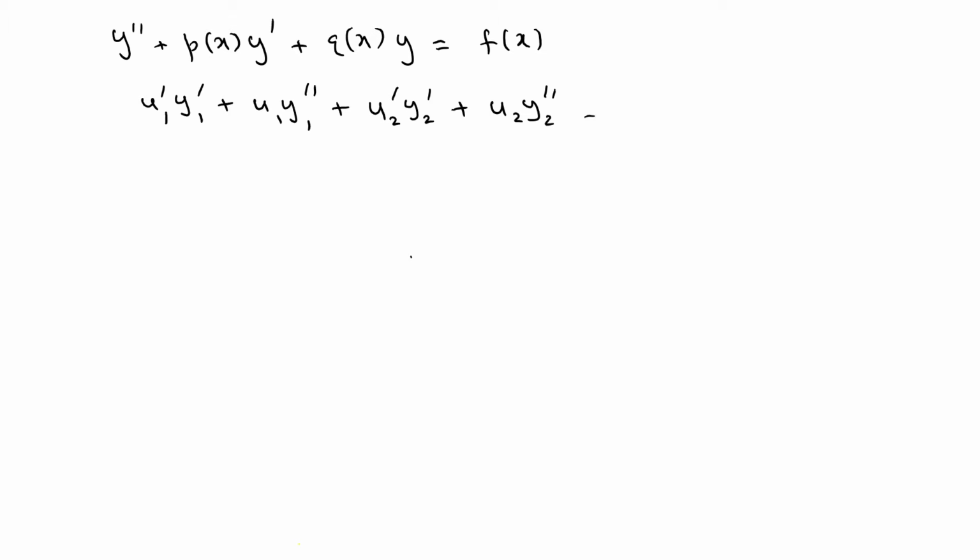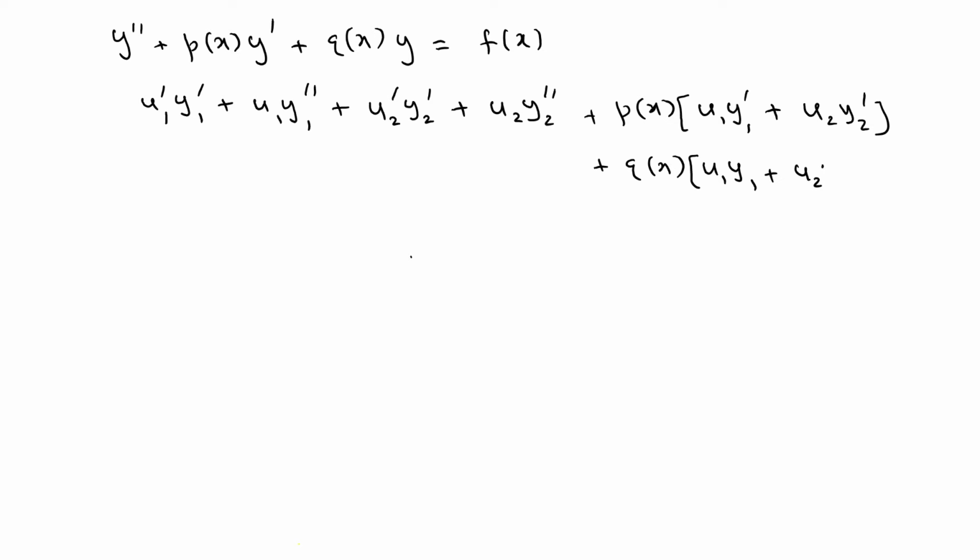Then plus p(x) times the first derivative, u1 y1 prime plus u2 y2 prime, and then the q(x) term, q(x) times the original one, u1 y1 plus u2 y2. This everything simply equals f(x) because it's a solution.